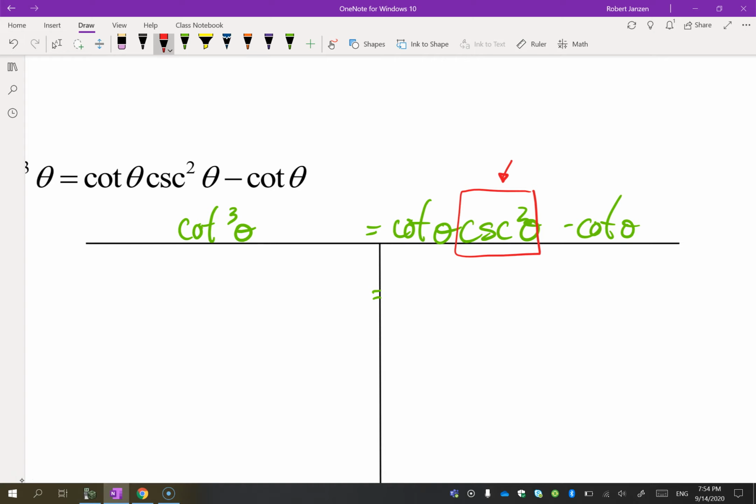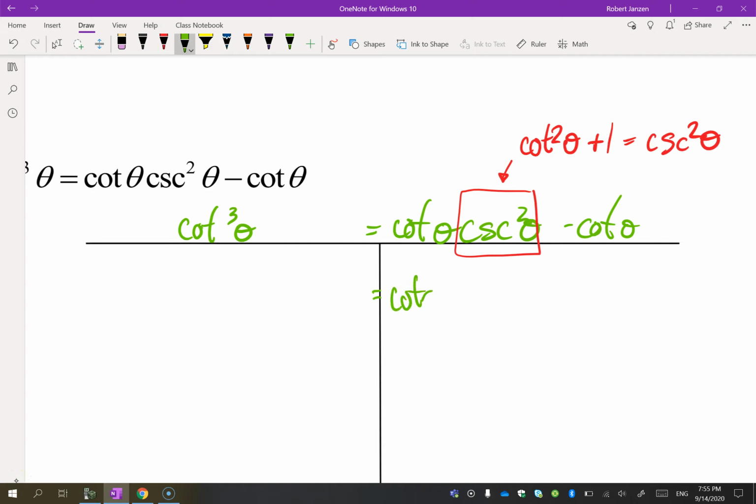And if you look, we have an identity for that. We have cotan squared minus 1 equals cosecant squared. Sorry, that's cotan squared plus 1. So let's substitute that in.